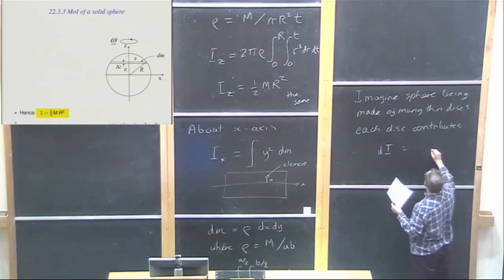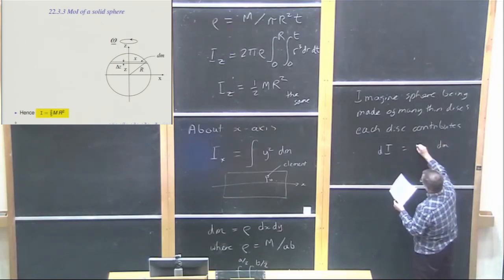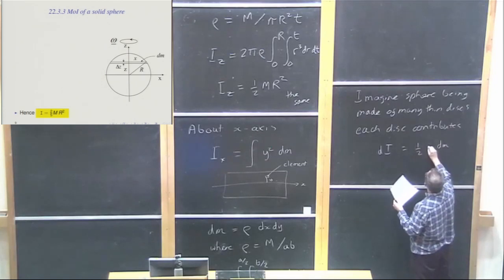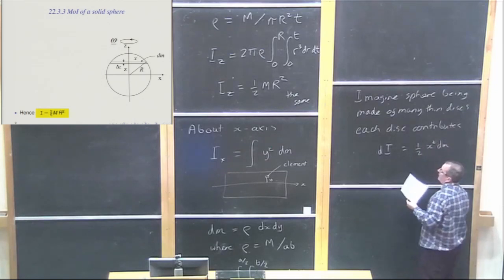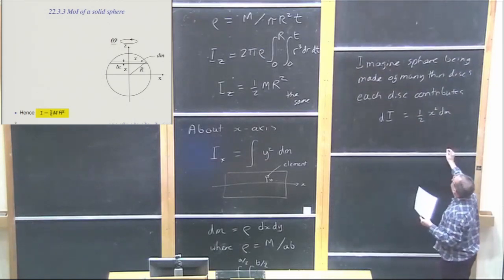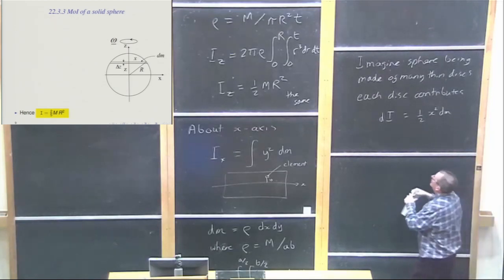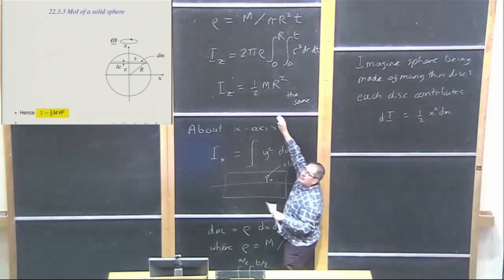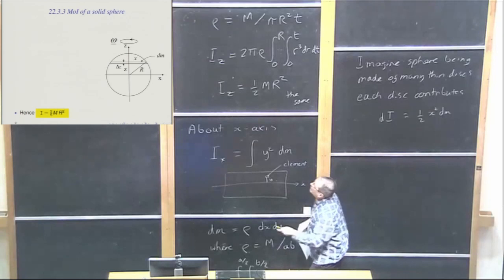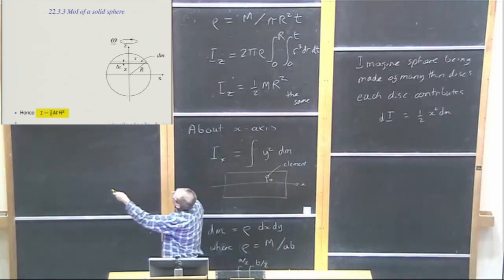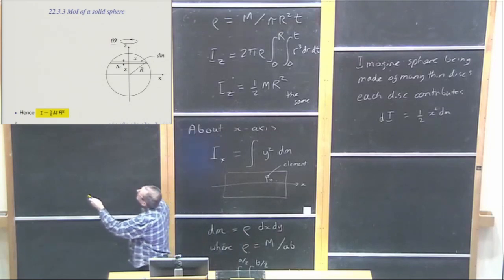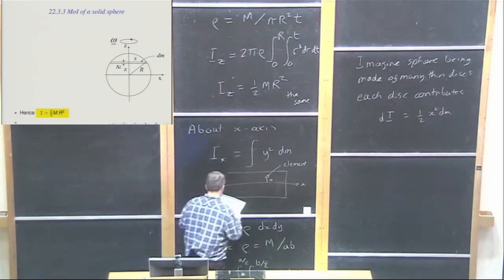It has a mass dm, and the moment of inertia is a half x squared dm. This is the same result as before, but you see that for this disk, the radius can be written as x, because this is how I define my axes.